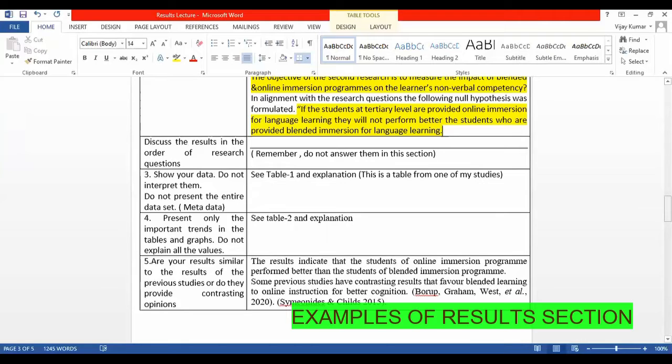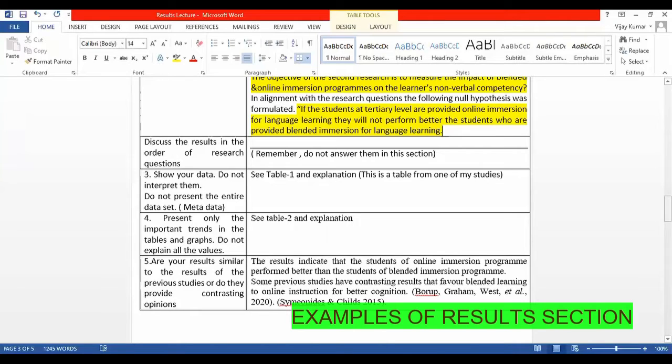And in fact, some journals have special features for uploading the metadata. The editor may perhaps want to see your metadata. In that case, you may upload the metadata, but you're not supposed to mention all that in tables and figures in your main manuscript. So the important message is show your data, only the important data, and do not interpret them.